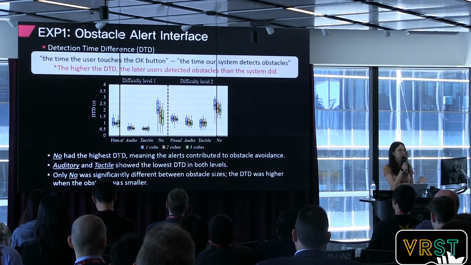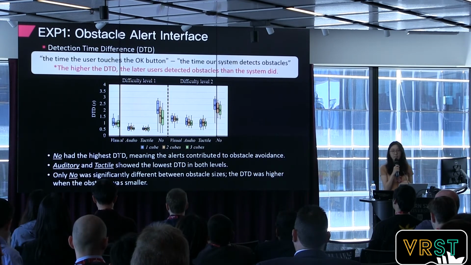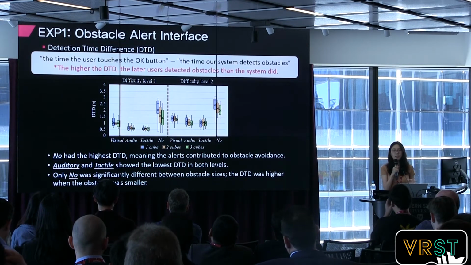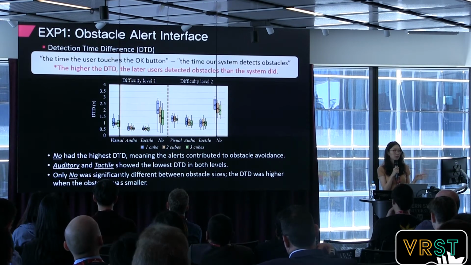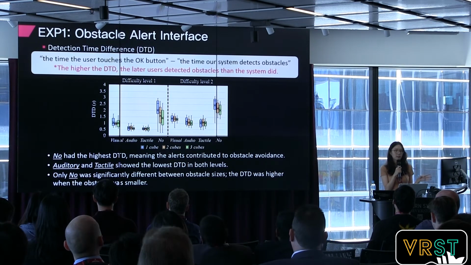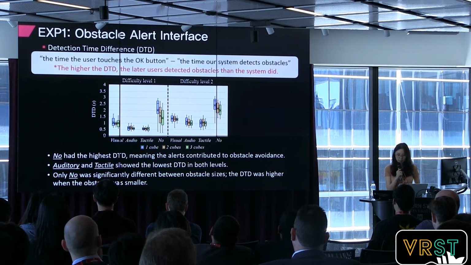So let me present the results of experiment 1. First, we analyzed the detection time differences for each alert method. This is defined as the time when the user touches the OK button minus the time when our system detects an obstacle.